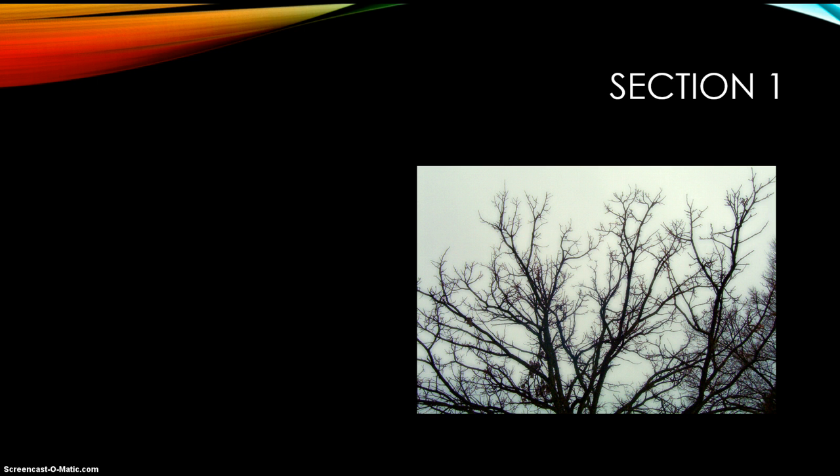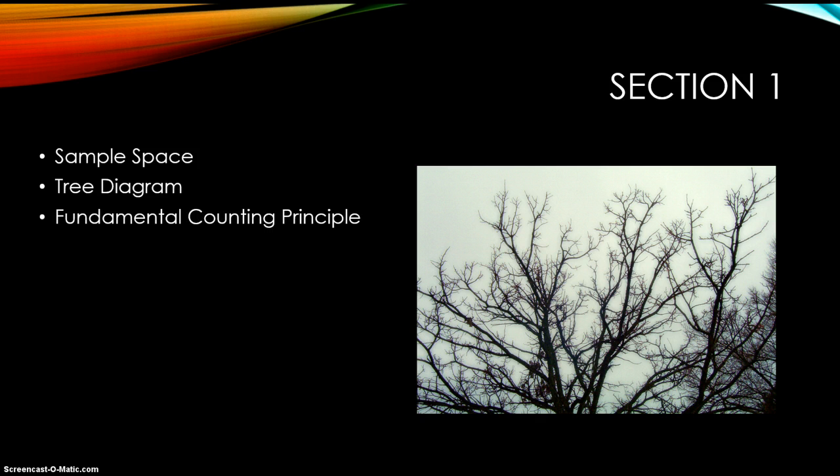Section 1 in Chapter 3, here are the key concepts that you need to know. Sample space. What is a sample space? A tree diagram. A sample space is important, but the tree diagram is going to be very important, not so much in this chapter, but really in the next chapter, where we're going to be using tree diagrams quite a bit, particularly when we get into something called Bayes' theorem.